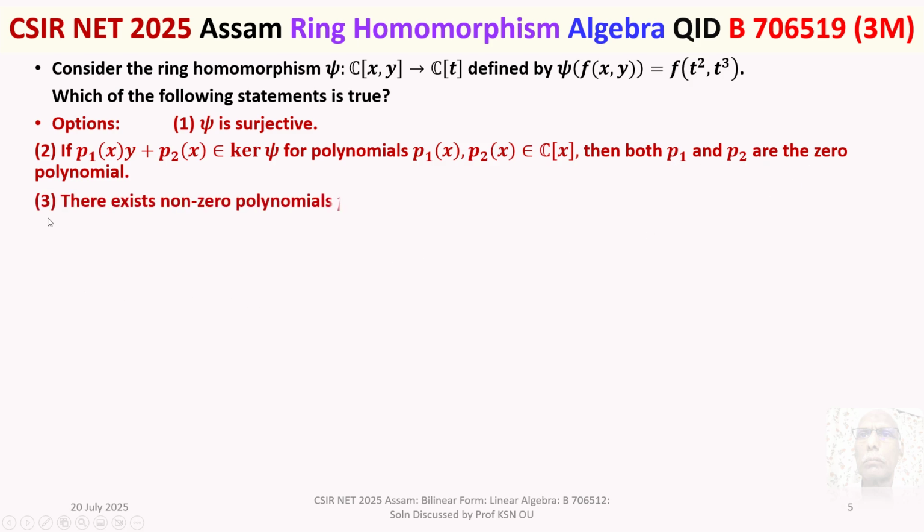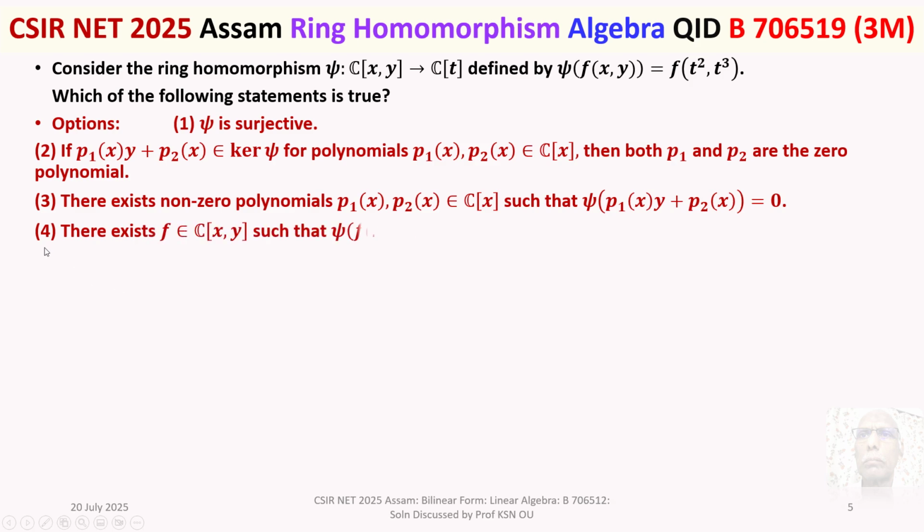Option 3, there exist non-zero polynomials p1(x), p2(x) belonging to C[x], such that psi of p1(x) multiplied by y plus p2(x) is equal to 0.